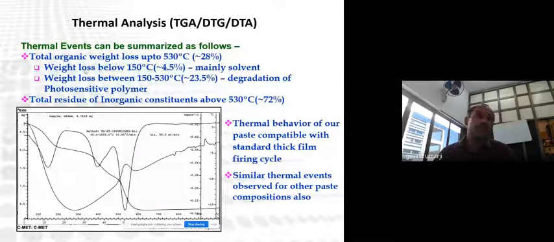Out of that, weight loss below 150 degrees Celsius, approximately 4.5%, corresponds mainly to the solvents used for dispersibility. Then weight loss from around 150 degrees Celsius to 530 degrees Celsius corresponds to the degradation of the photosensitive organic system, and the residue above 530 degrees Celsius is around 72%.